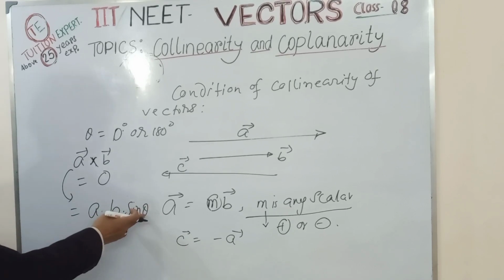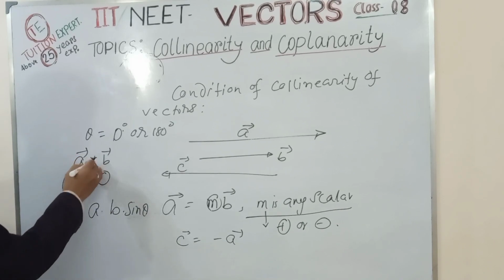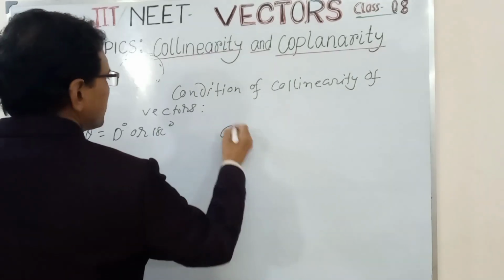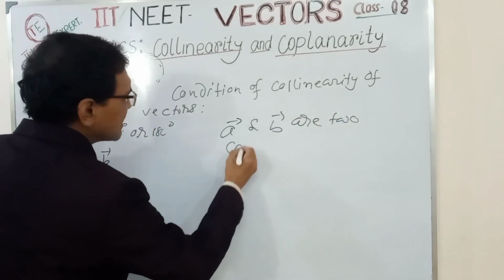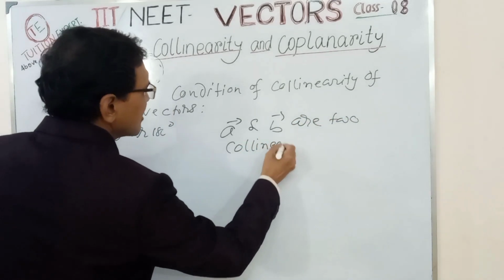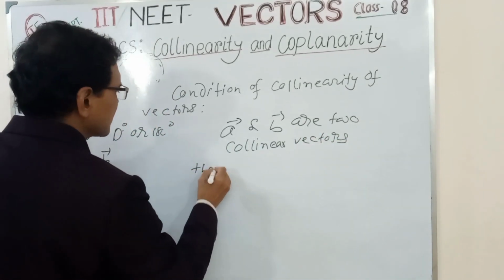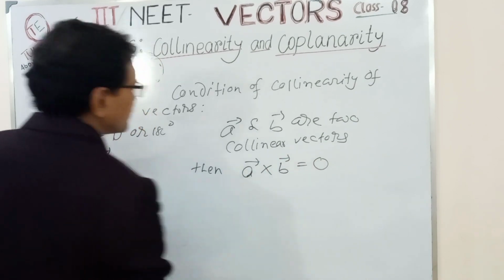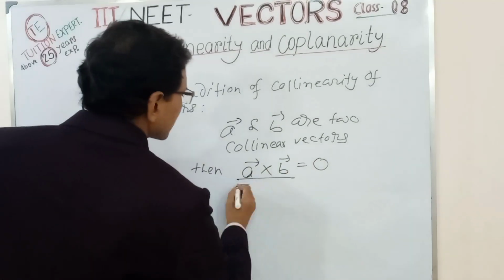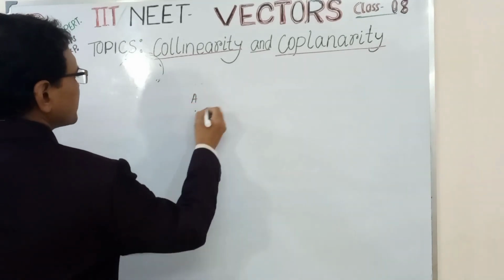Theta is 0, sin 0 is 0, sin 180 is 0. So A cross B will be 0. So if A and B are two collinear vectors, then A cross B equal to 0. This is another condition.